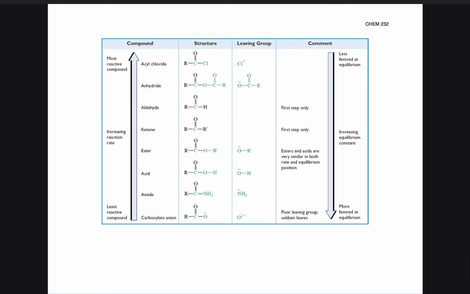And this chart is just a general reactivity chart. So in terms of reacting with a carbonyl like this, we get more reactive going up this chart. So acid chlorides or acyl chlorides are more reactive than, looking down below here, any of these bottom compounds.